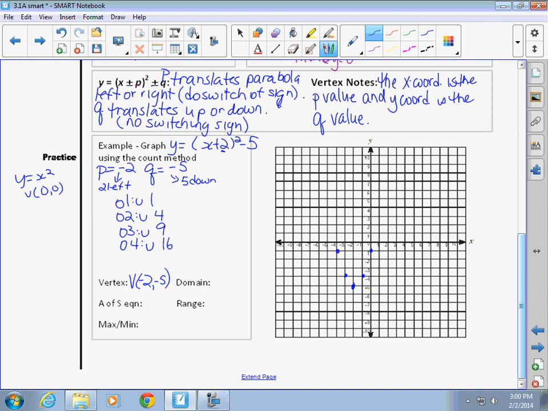So it puts me at -1 on the y. Excuse me. Over 3, up 9. That was 4, 5, 6, 7, 8, 9. So I'm at 4. And then over 3, up 9 on the other side. It's going to be there. And then over 4, up 16.